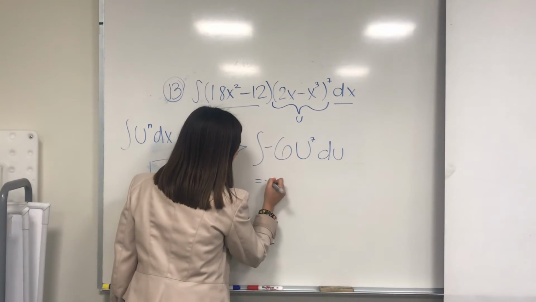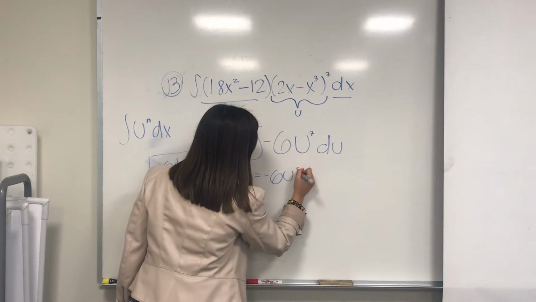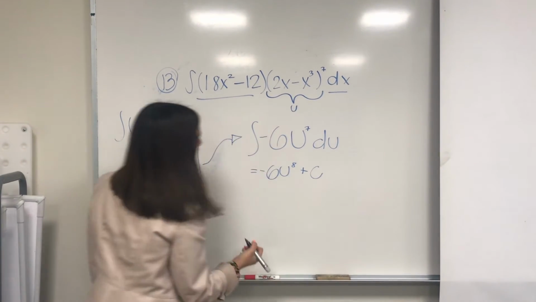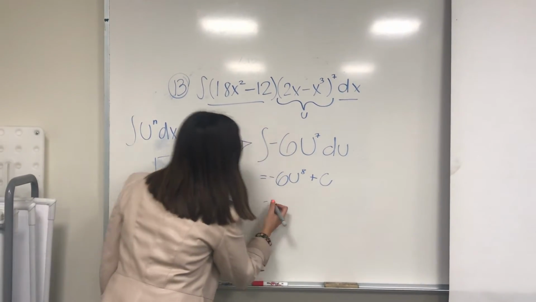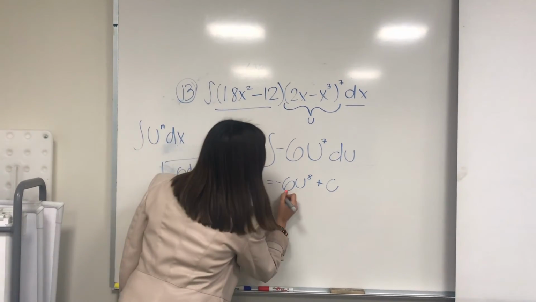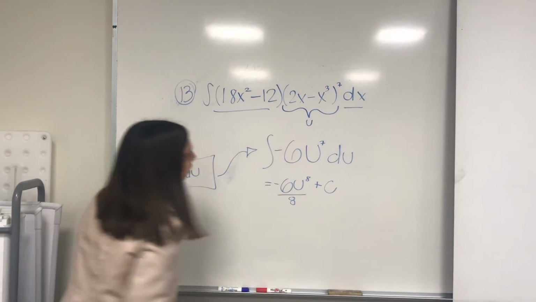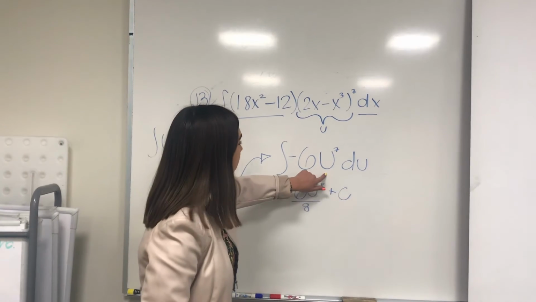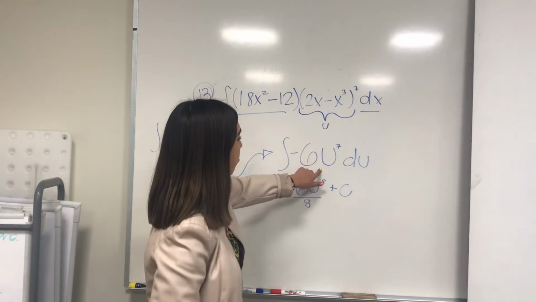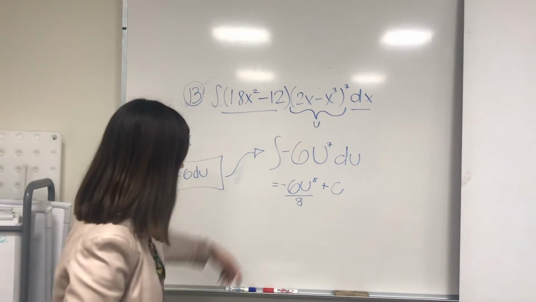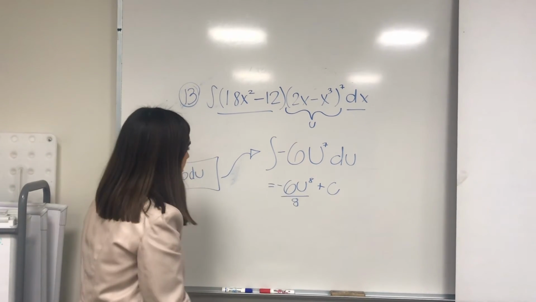So we will have negative 6 u to the 8 plus C, then over 8, because when we apply this rule that you add 1, you need to divide by the number you have in the exponent. In this case, 8.